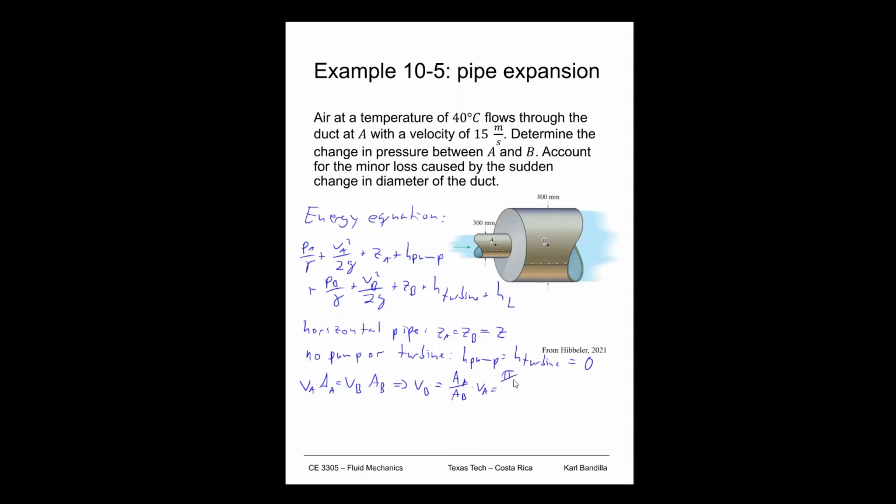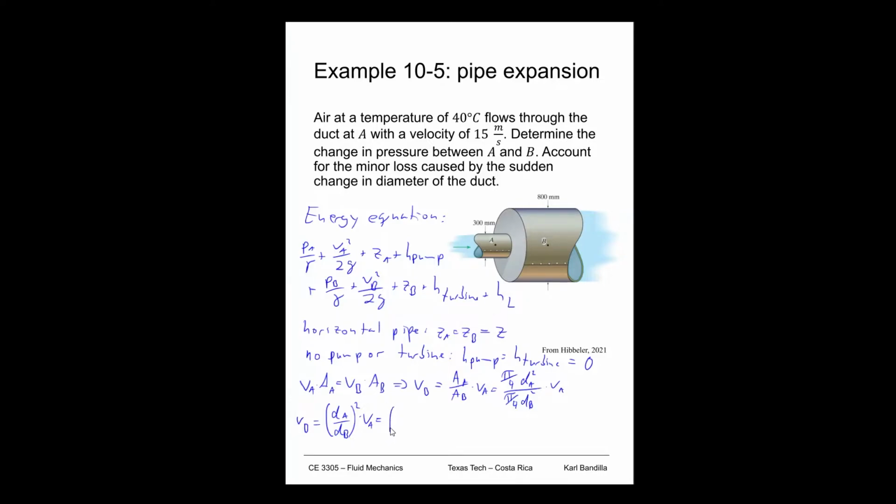These are circular cross sections, so pi over 4 dA squared over pi over 4 dB squared times VA. Those cancel out, so we have dA over dB squared times VA.